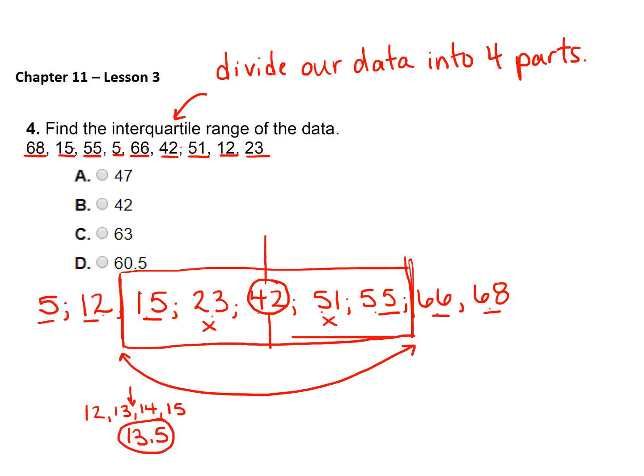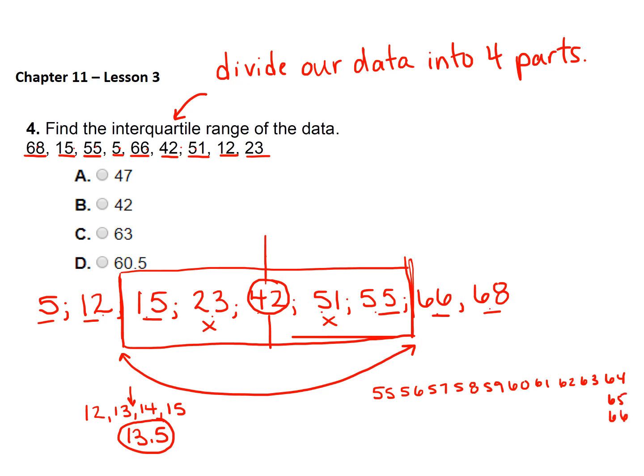All right, now up here we have 55 and 66. So we could always add them together and divide by 2, but you could also just do 55, 56, 57, 58, 59, 60, 61, 62, 63, 64, 65, 66, and stop.